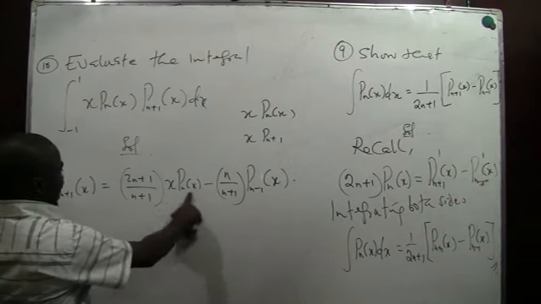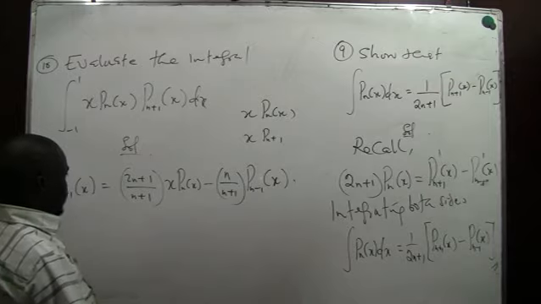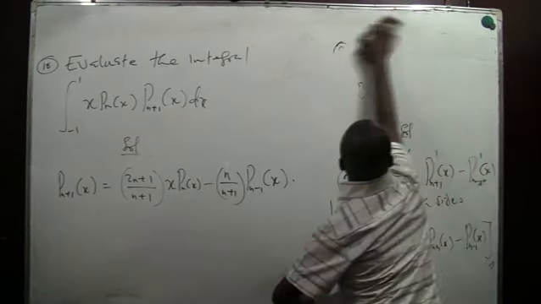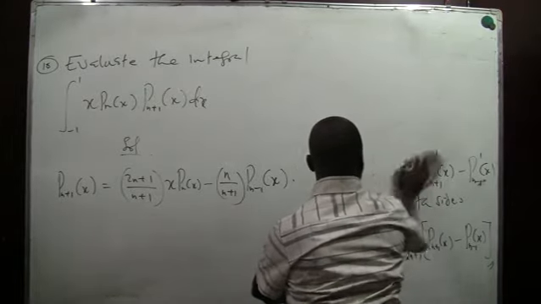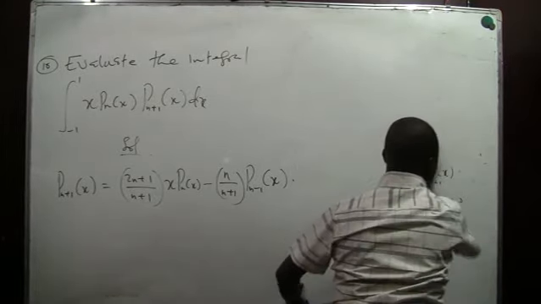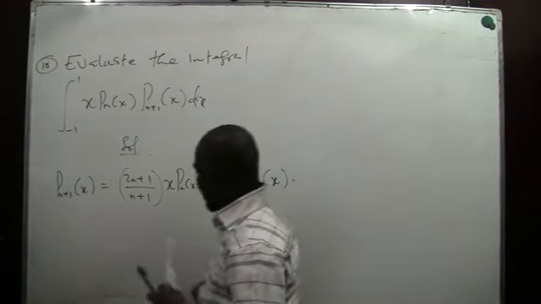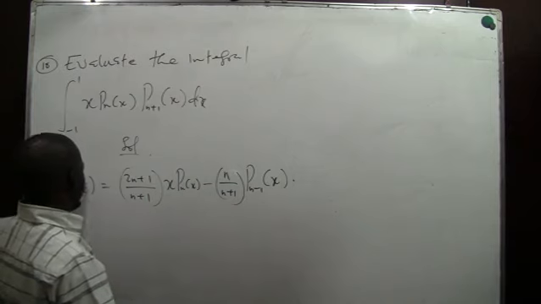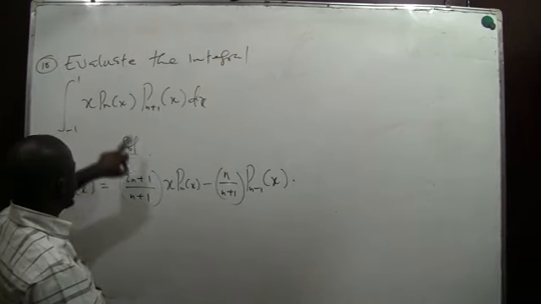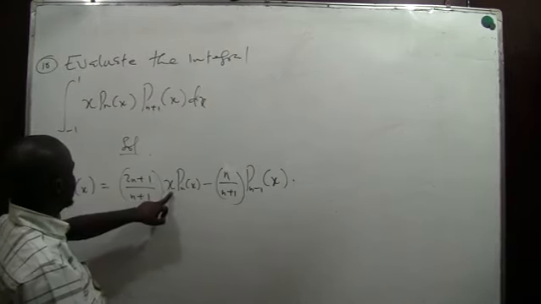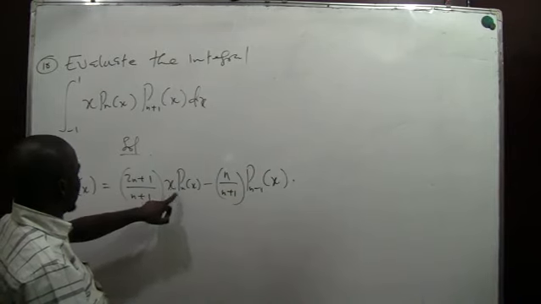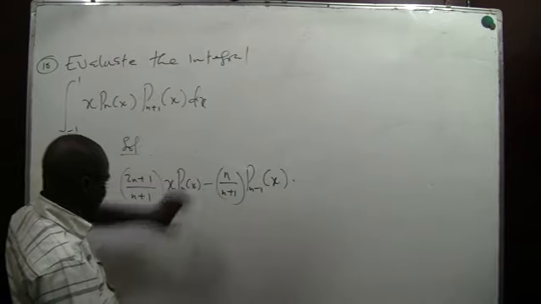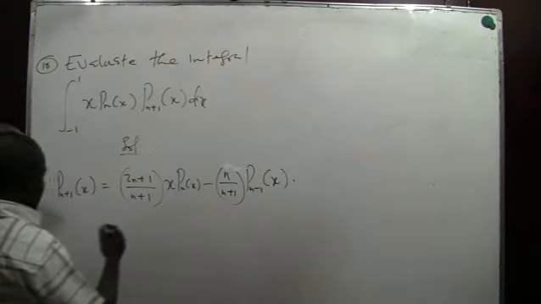So let's make xPn(x) the subject of the formula. If I make the other one the subject of formula, for instance, I have this one multiplied by this, then I have to deal with x squared and Pn squared. Okay, let us make xPn(x) the subject of the formula.